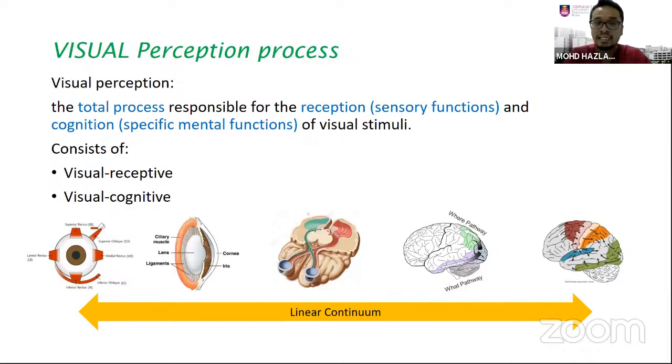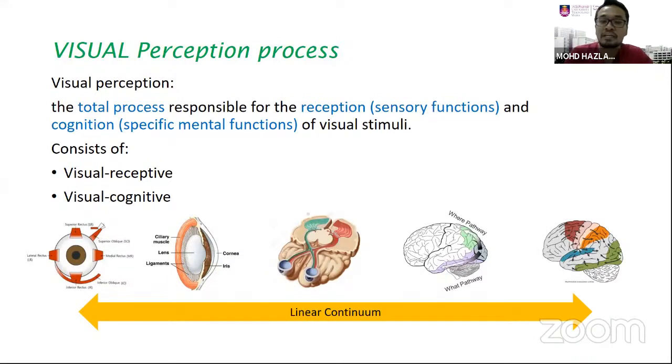If you look at the linear continuum there, everything started from our eyes, the oculomotor control, the muscles of the eyes, superior rectus, inferior rectus, and everything. All these muscles are responsible to allow us to receive all this information from the environment efficiently. And we also have the lens, the ciliary muscles who control the lens.